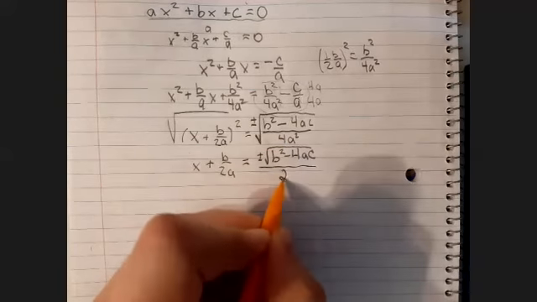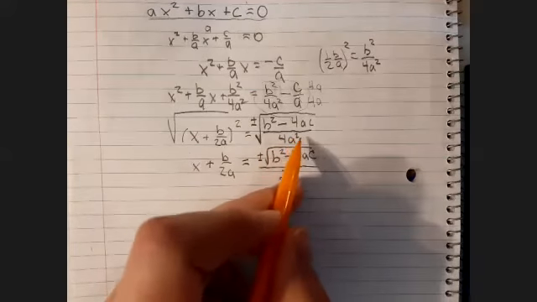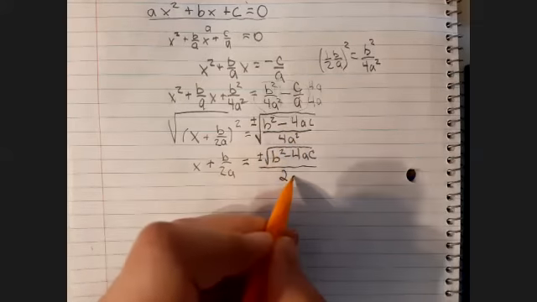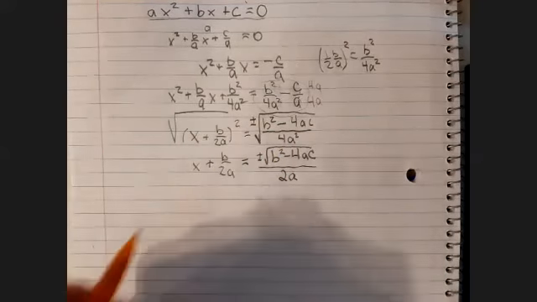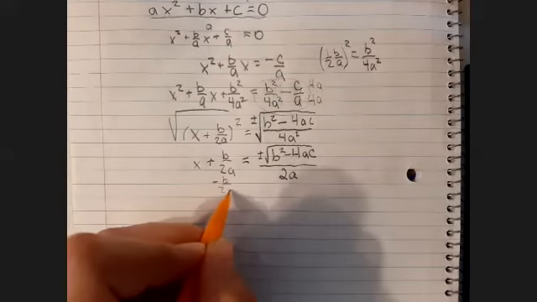The square root of 4 is 2. And since whatever a was, we squared it, now we're just reversing that by taking the square root. We get 2a. Now to solve for x, you just subtract b over 2a from both sides.